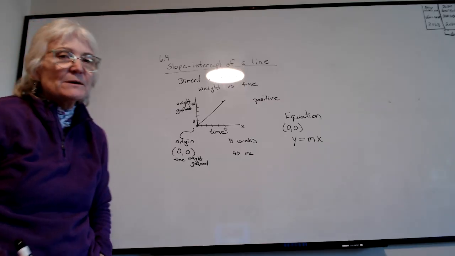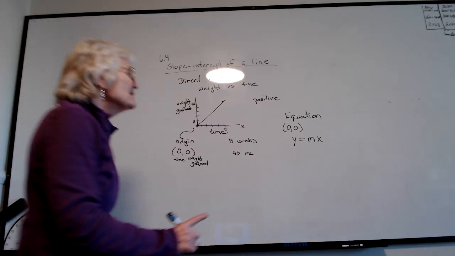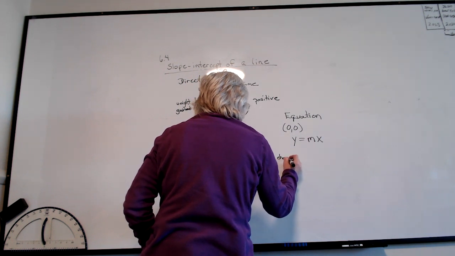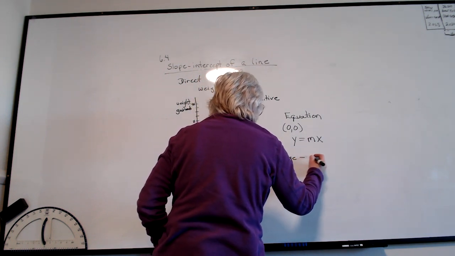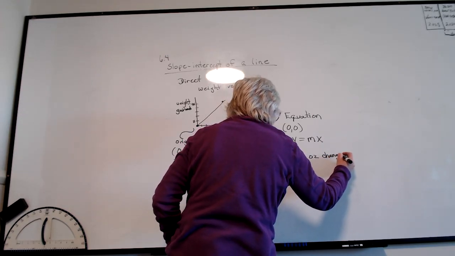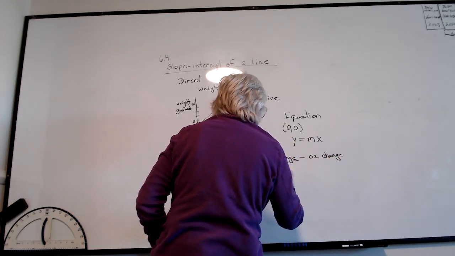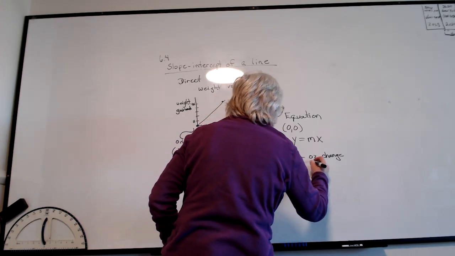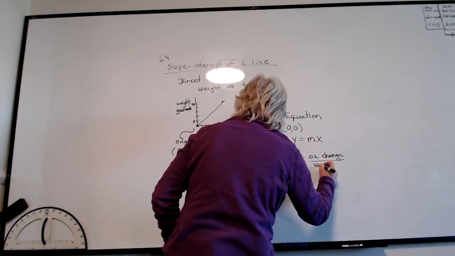But what we do remember is on slope, it's how much did the y change? So in this case, it's the ounces changed over how much the x changed, and that would be the number of weeks.